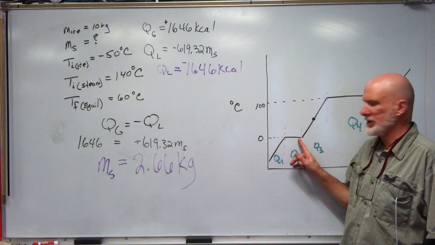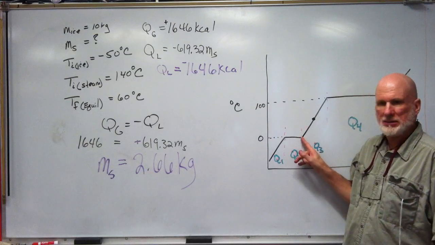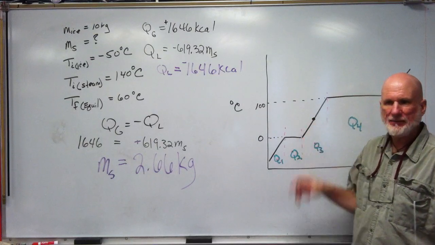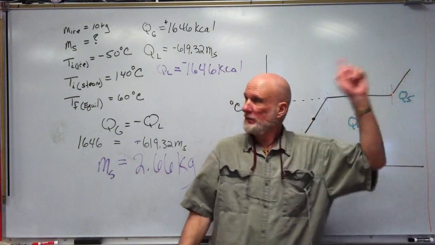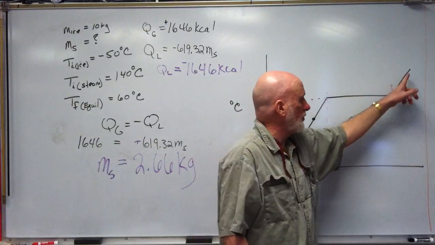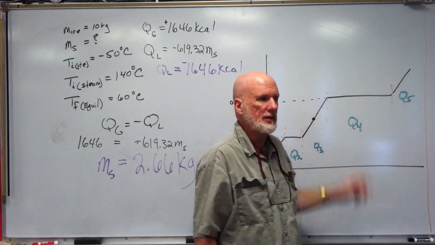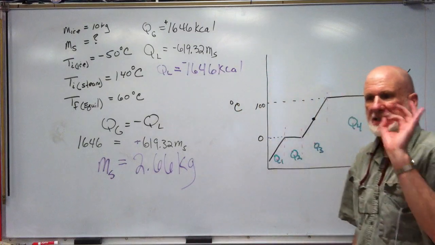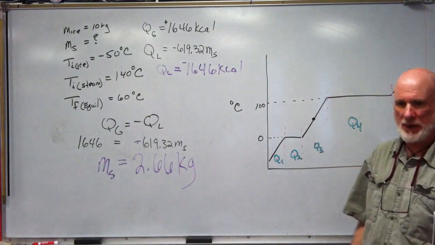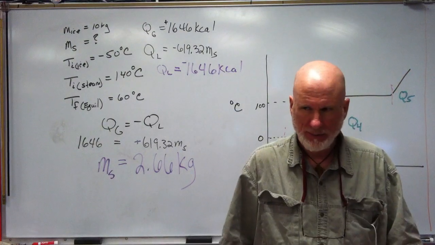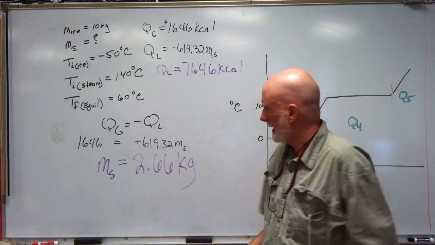Q2, 0, 0. Q3, ice, 0, 60. Q5, 140, 100. Q4, 100, 100. Q3, steam, 100, 60. Okay, got it?